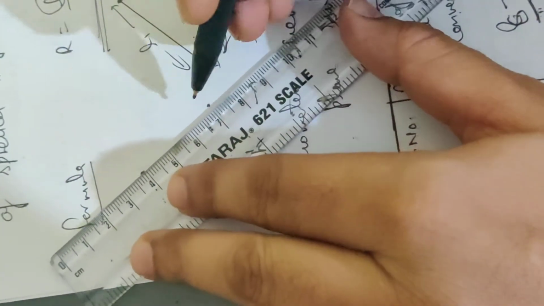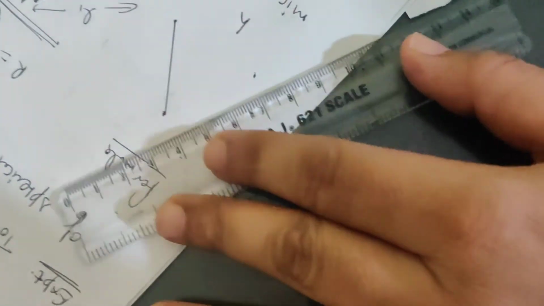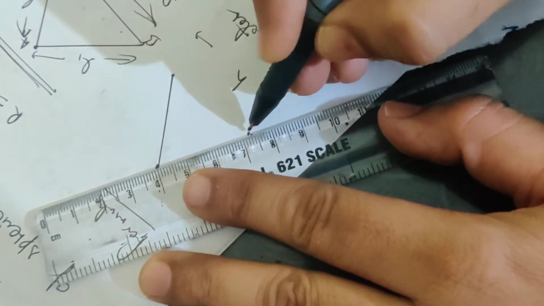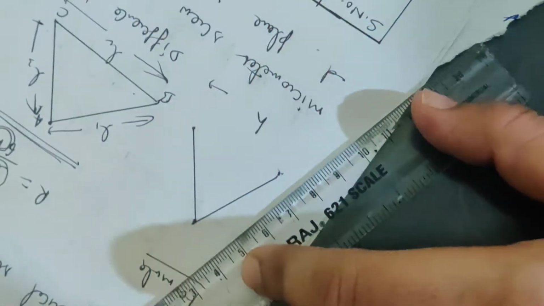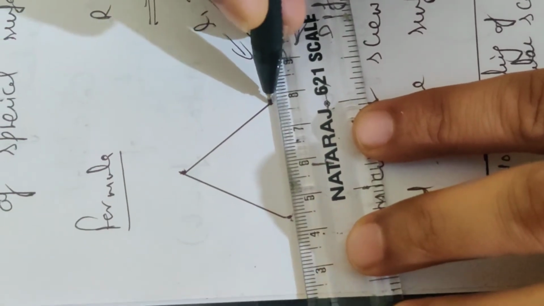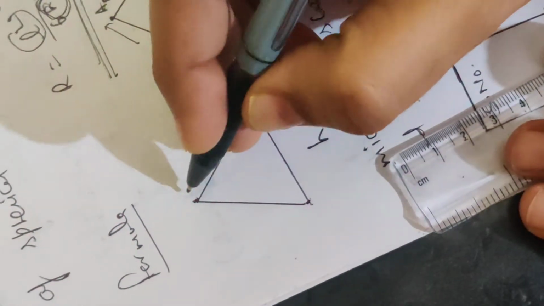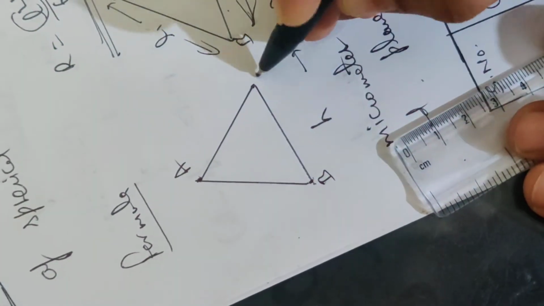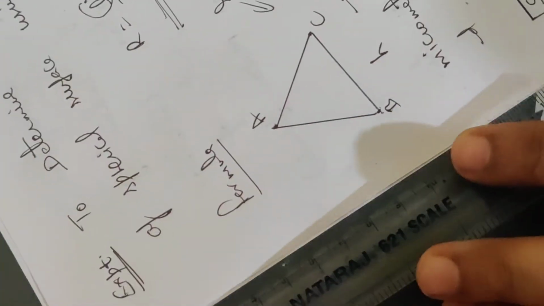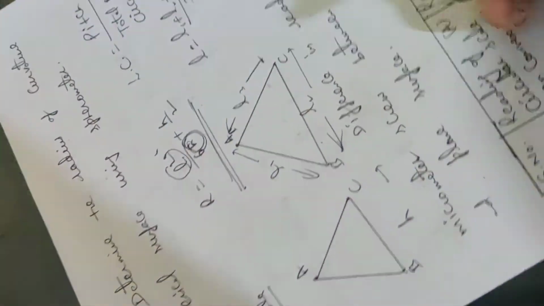So I will join these points. As I join these points, there will be a triangle. All of these 3 sides should be equal, but experimentally there may be some error. So A, B, C, these sides should be equal. Each side is l. So I have to take the mean.